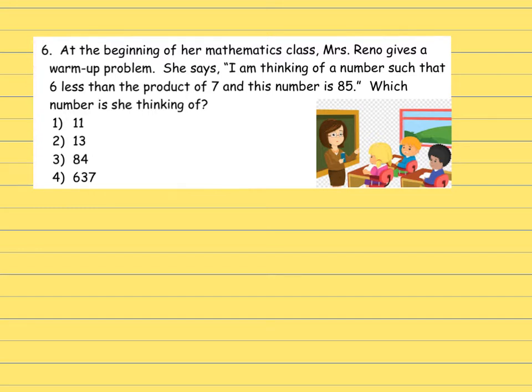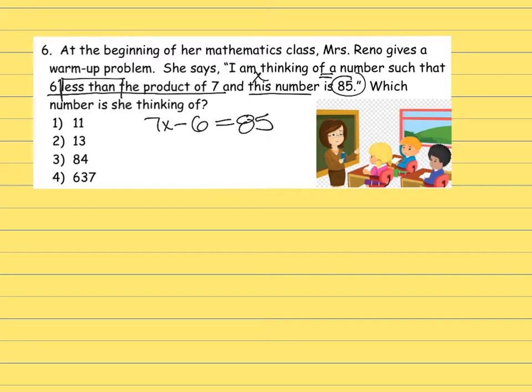So Mrs. Reno is thinking of a number such that 6 less than the product of 7 and this number is 85. Because of the term less than, we have to make sure that we switch the order. So we're going to have 7x minus 6 is equal to 85.